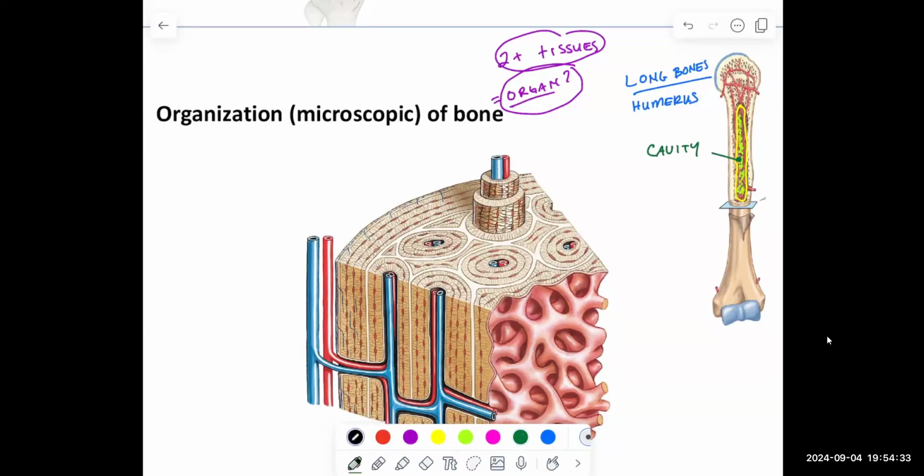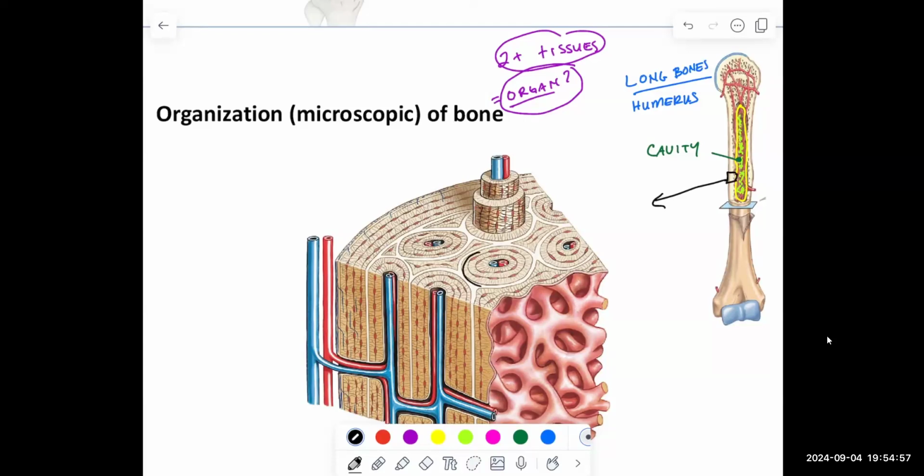When we take a small portion of bone, we cut that little cube out. This is what it looks like under a microscope. And I hope you can start seeing at the surface, it looks like the histology of skeletal muscle.